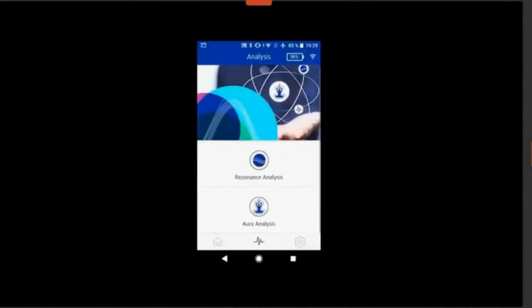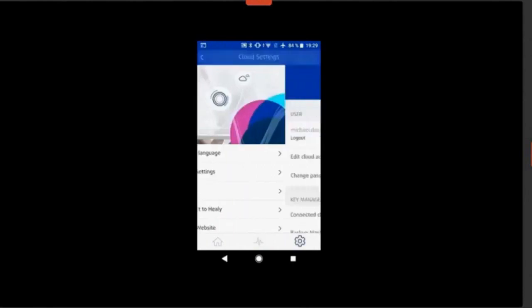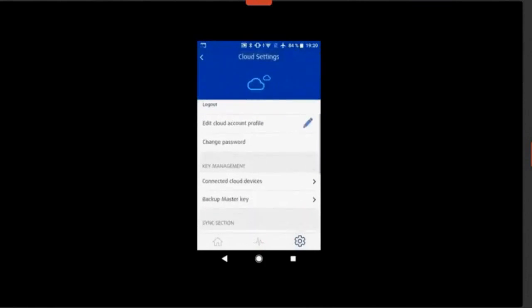Okay, I'm actually now in my Healy app, and I'm very proud that this works because this is quite a technical challenge, but somehow it works. By the way, before I start, today I authorized this phone from my master phone. There is a thing called cloud settings, and here you have connected cloud devices.